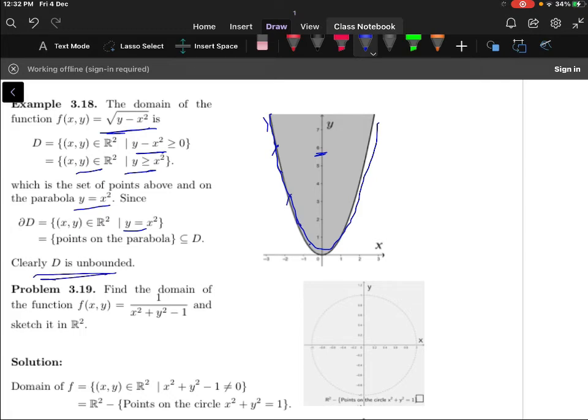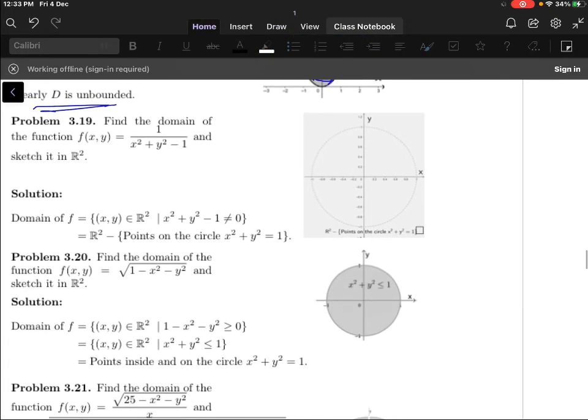Therefore clearly D is unbounded. If a region is bounded, one should define the interior points of the region, but you have taken the points on the parabola, therefore it is an unbounded set, and moreover it is not a closed region.